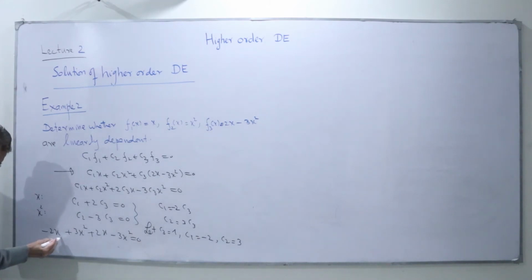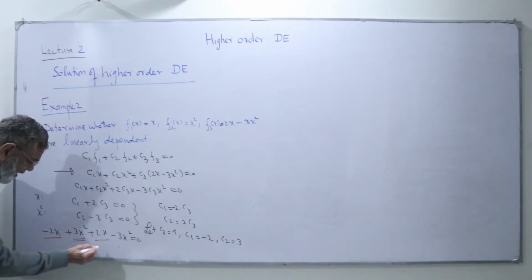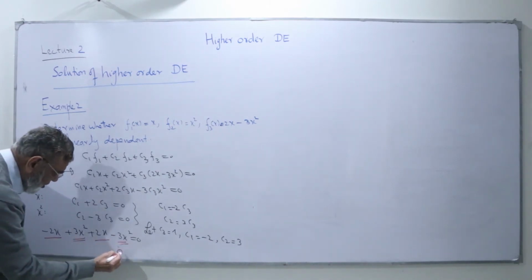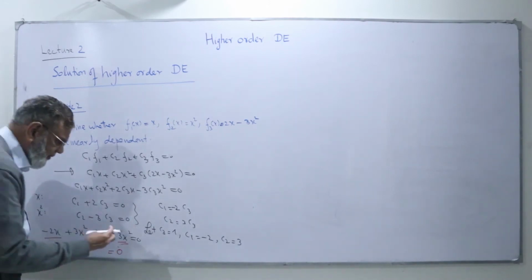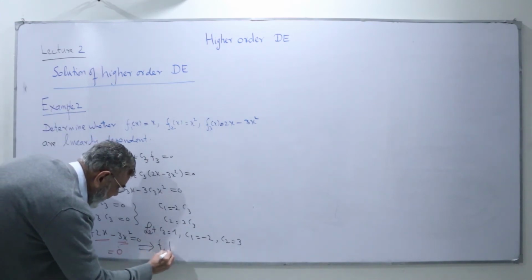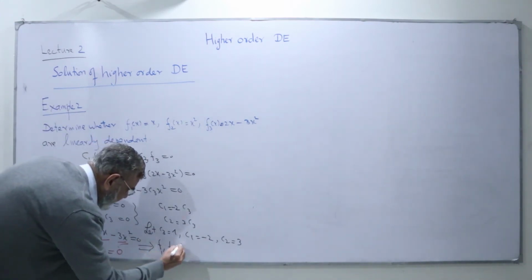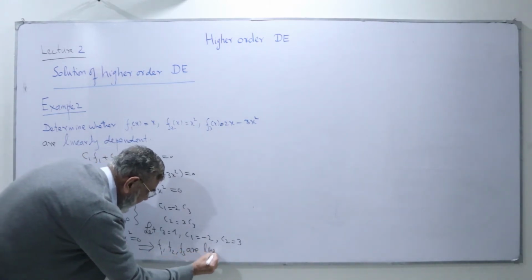Here is minus 2x and here is 2x, they cancel to 0, and minus 3x squared plus 3x squared is 0, so this is equal to 0, and this implies f1, f2 and f3 are linearly dependent.